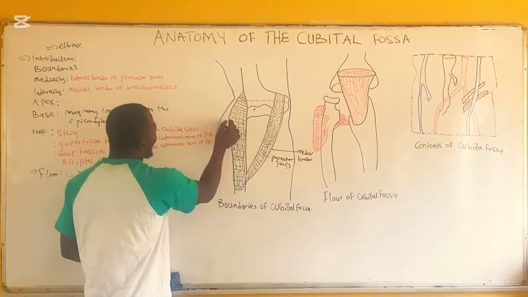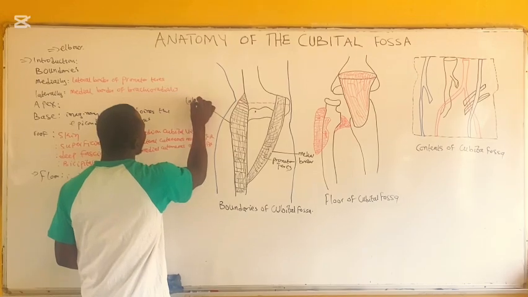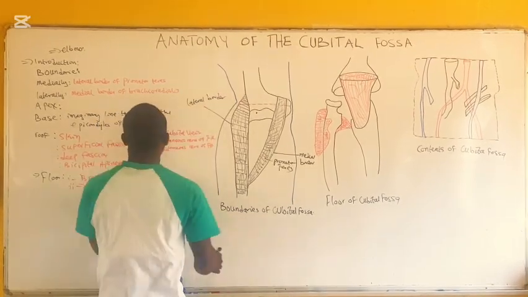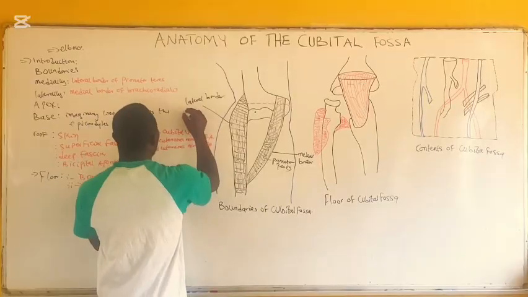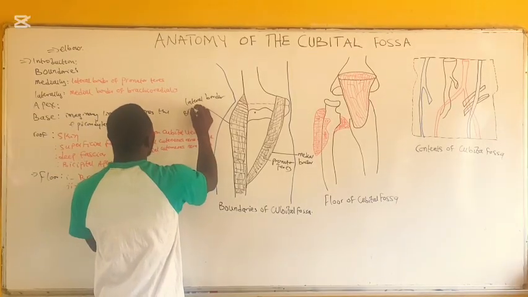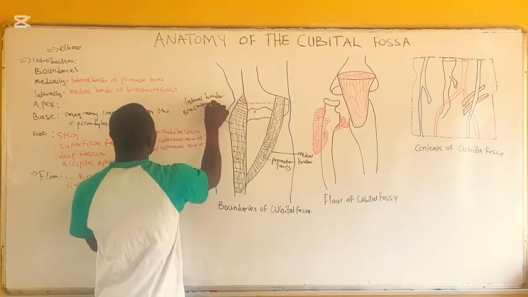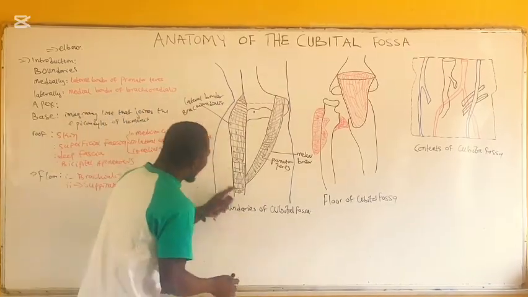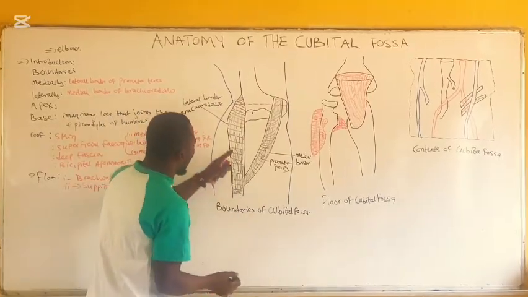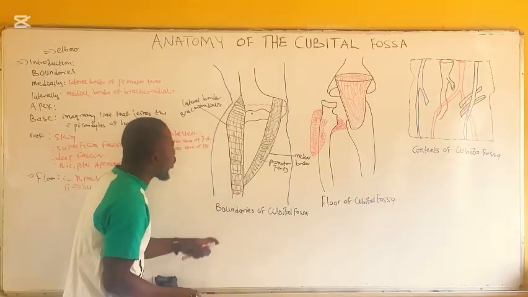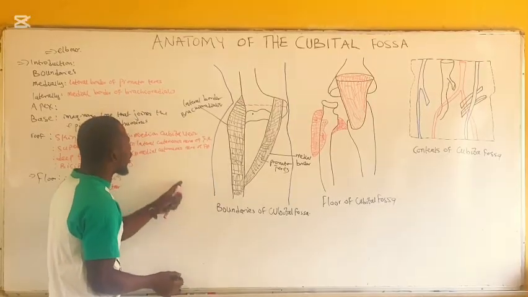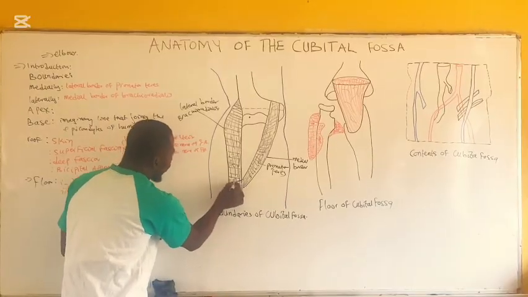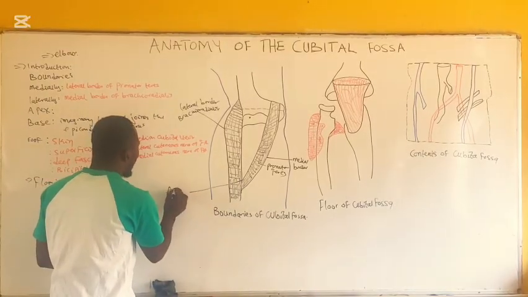And here is our lateral border, and the lateral border is formed by the brachioradialis muscle. Then down here is our apex. The apex is an area projected downward, and it is formed where the brachioradialis crosses the pronator teres. So this point here is our apex.